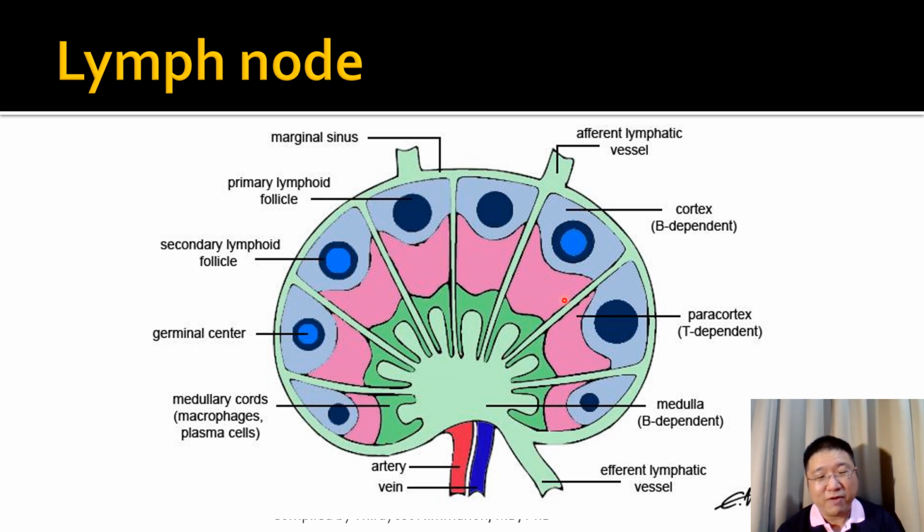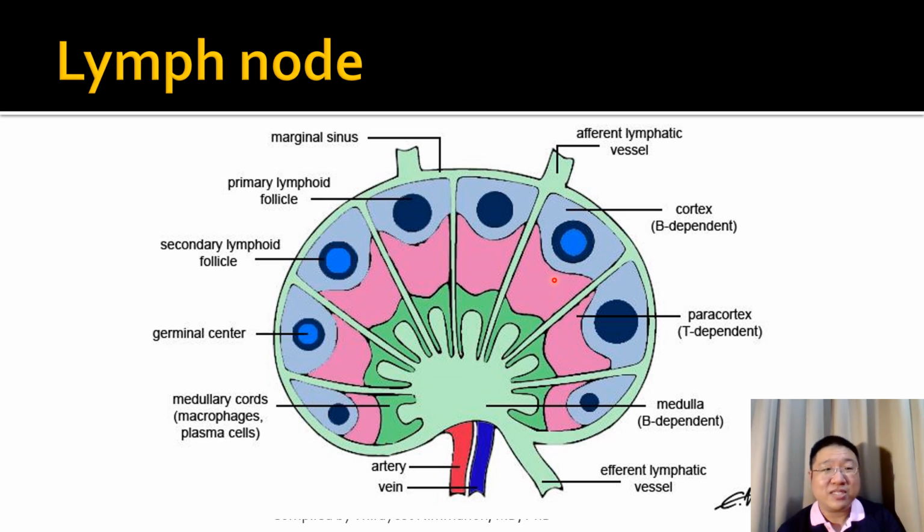For example, in viral infection, we know that the main immunity against viral infections is adaptive immunity. So we expect to see T cell proliferation. So the paracortical area will be expanded.